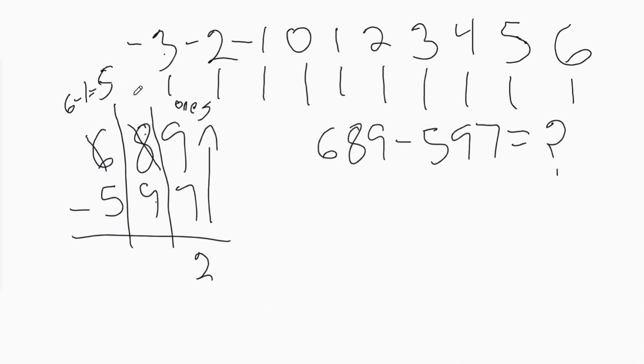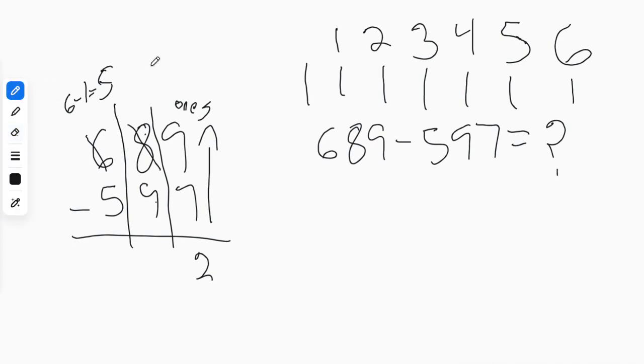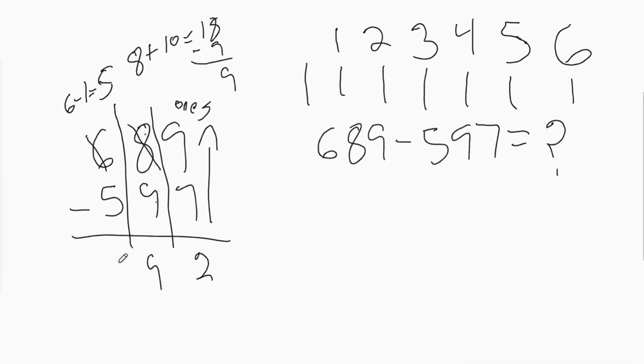But in the 8 place, make a little bit more room here, 8 plus 10 equals 18. So now your new problem is 18 minus 9, which is 9. And you put your 9 here.